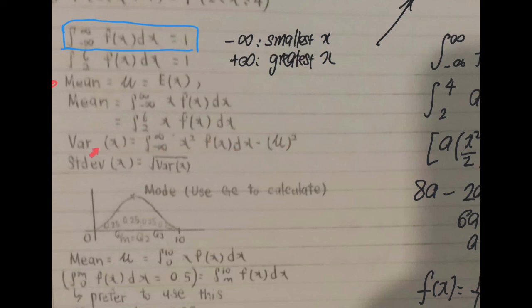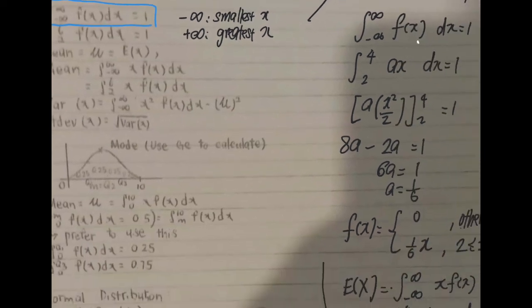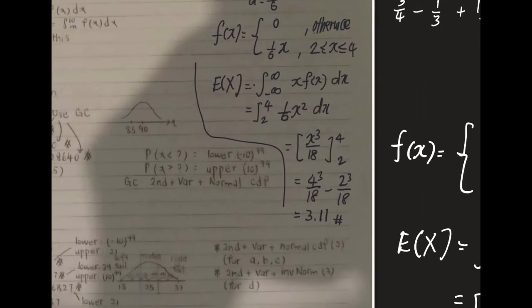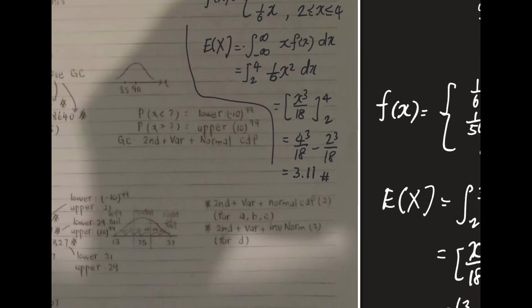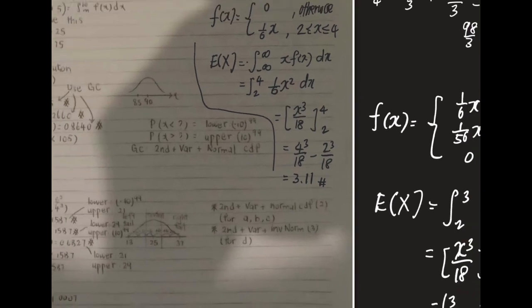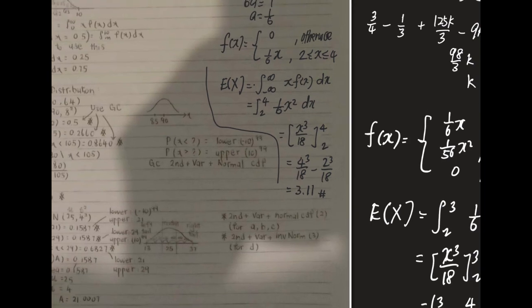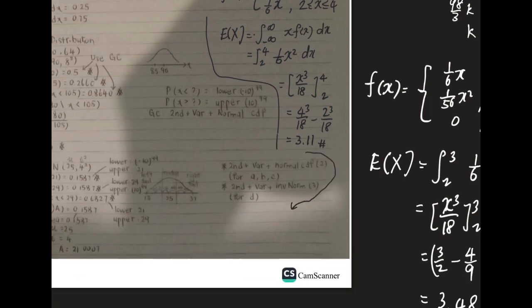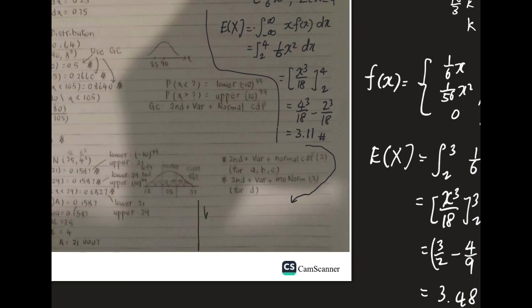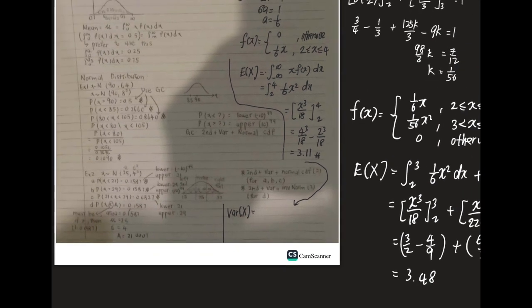Let's see a quick example. I use this example again. I have the mean ready. Now I want to find the variance. Based on the formula, I need to integrate from negative infinity to infinity x squared f(x) dx plus mu to the power 2.